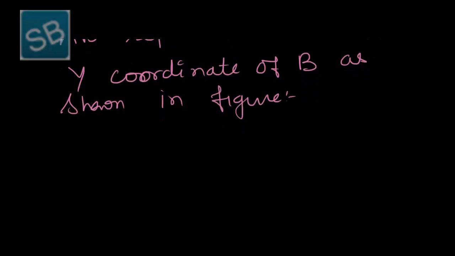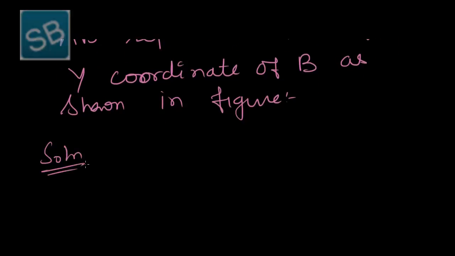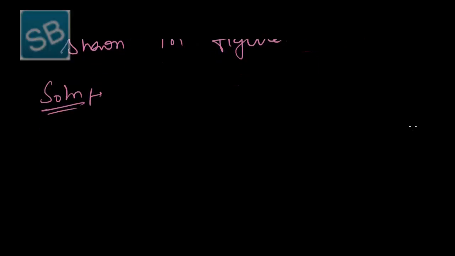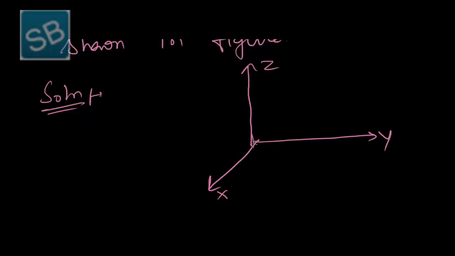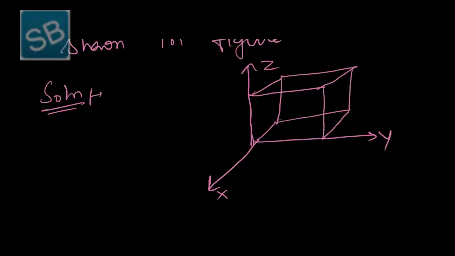So in this example we have a figure. First of all we will draw the figure that is given in the question. This is the y-axis, this is x and this is z. Three mutually perpendicular axes, and there is a parallelepiped. Here are A and B, and the coordinates of A are (1, 3, 2).